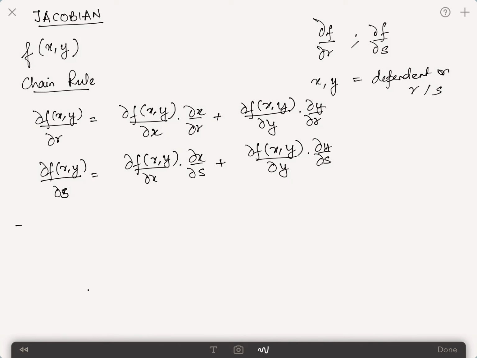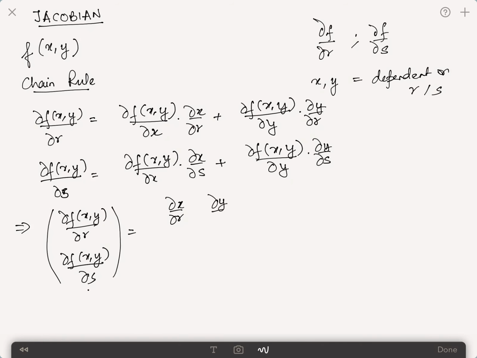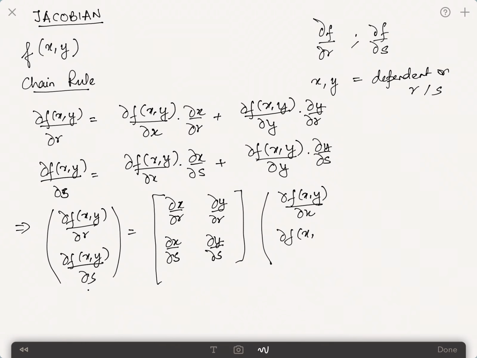And now if I want to write this in a shorter format, in matrix and vector format, I can write the partial derivative of f(x,y) with respect to r and with respect to s as the matrix ∂x/∂r, ∂y/∂r, ∂x/∂s, ∂y/∂s, times the common terms, ∂f/∂x and ∂f/∂y.